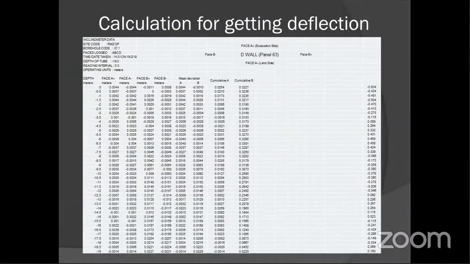After getting this data, we are going to calculate the mean, because we are getting four values. Four values, we have to calculate the mean, and then for each mean we have to calculate the cumulatives.